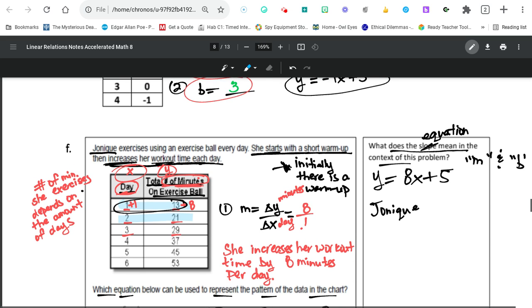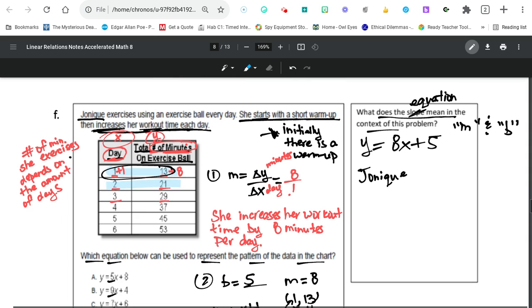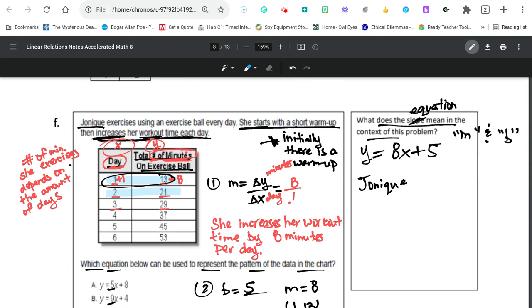Okay? I'm just not going to do m. So Jonique, I'm going to say Jonique starts each day with a, that's what she starts with. That's her initial value, with a 5-minute warm-up.